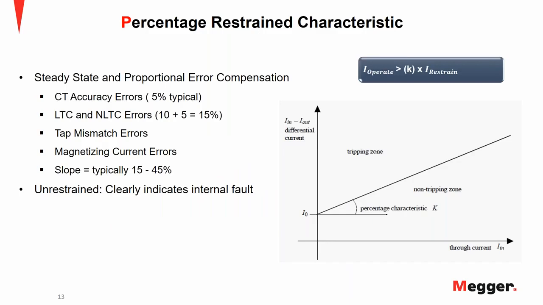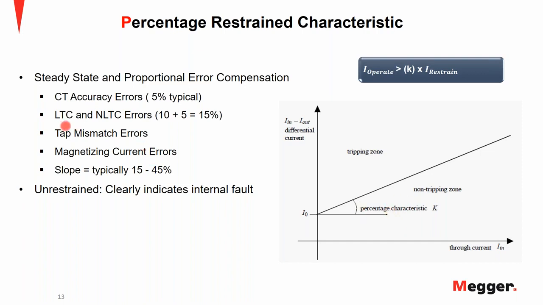So the restraint characteristic can be divided into two areas of protection. We have the tripping and non-tripping, which will be the operate, non-operate. And then we also have the steady state and proportional compensation errors. This is what I was talking about again with the CT accuracy errors that still play a role in the way this slope is calculated and where we need to be set.